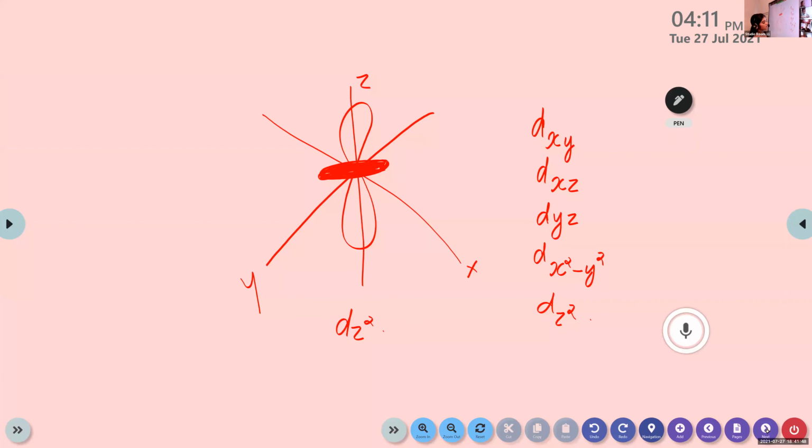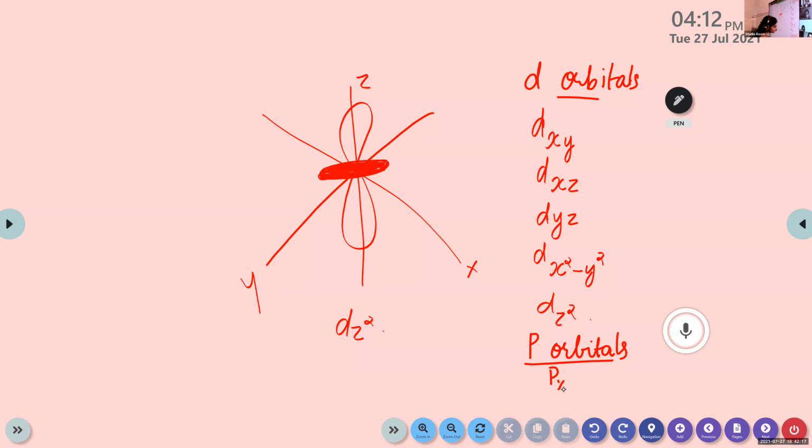Do you remember the names of p orbitals, children? Devi Krishna, can you tell me the names of p orbitals? Only 3 types there, right?